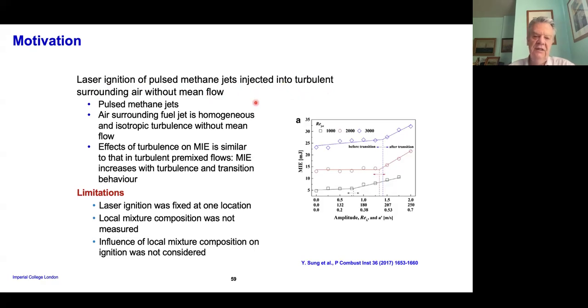If I inject into a highly turbulent environment, I modify the entrainment rate due to the surrounding turbulence. Then if we want to ignite the fuel, how easy or difficult it is, or how much energy you need to put in the laser to have ignition.